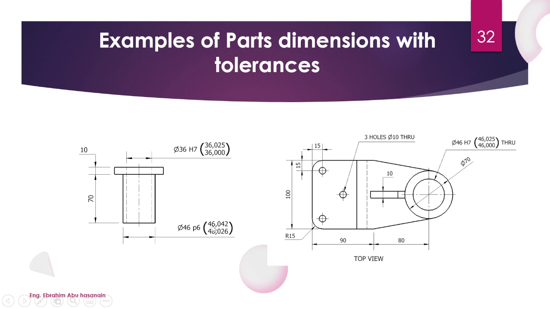And here for the shaft, we have inner dimension and outer dimension; we call it the shaft here. Then 46 p6. The same here for the hole 46 that my bushing will be in. As I told you, here it will have the press fit.